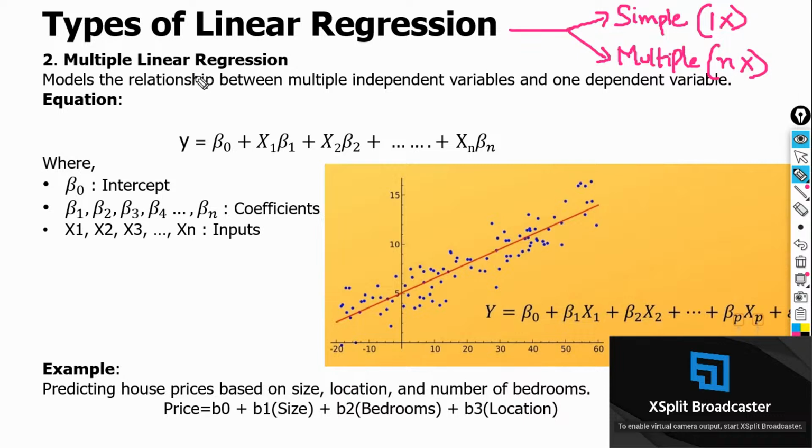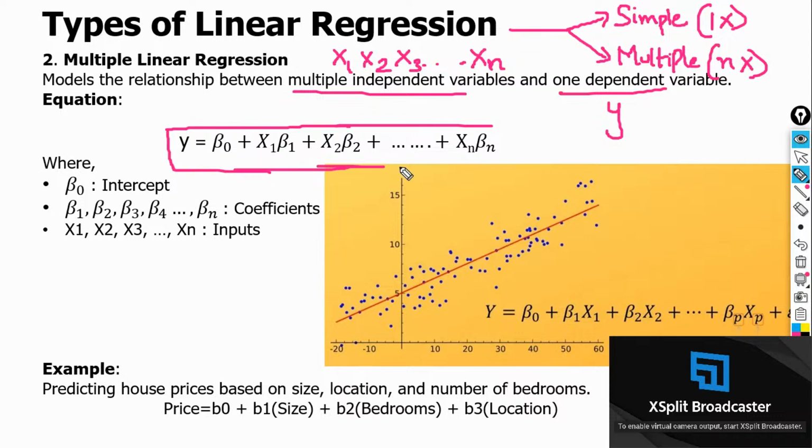If you are going to build a relation between multiple independent input variables, x1, x2, x3, so on, xn, and one dependent variable y, then obviously it will be multiple linear regression. Since you have multiple inputs, it becomes multiple linear regression. And here is the equation. I hope it's making sense.